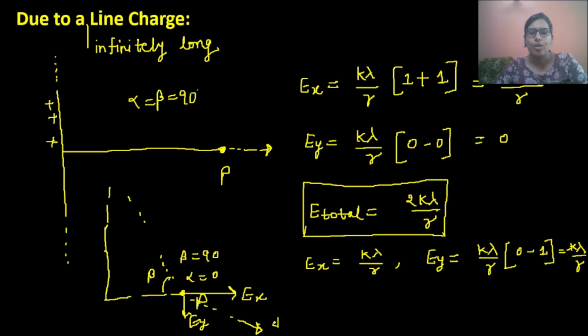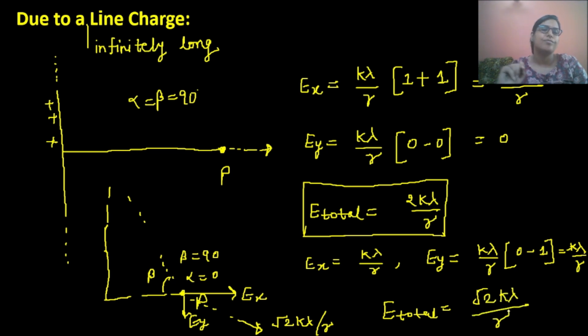If two vectors of the same magnitude are at 90 degrees, the resultant will be root 2 into the magnitude of one vector. So the total electric field will be root 2 k lambda upon r. Right.